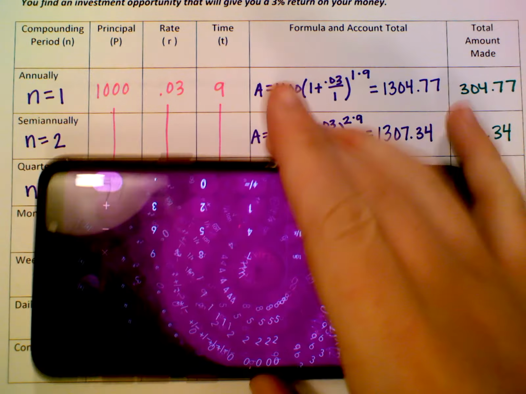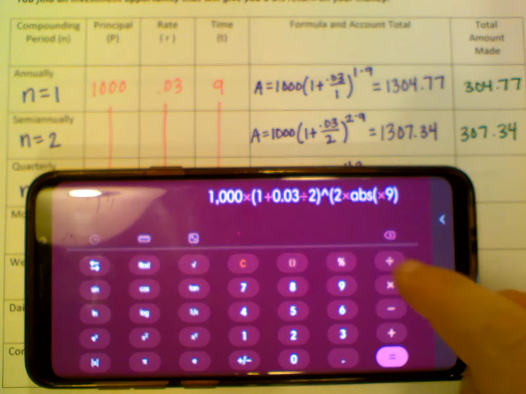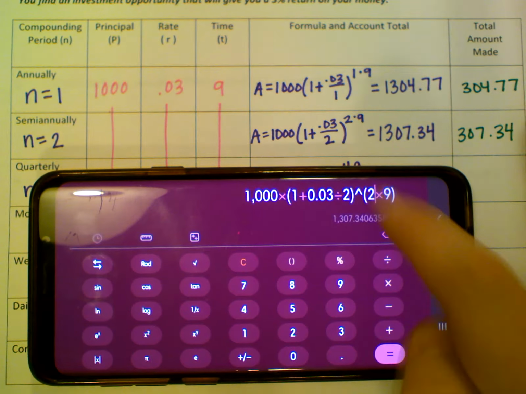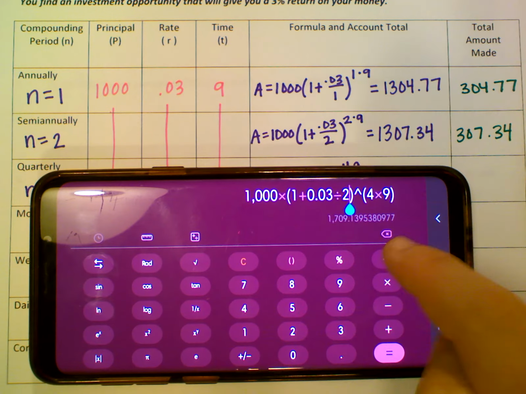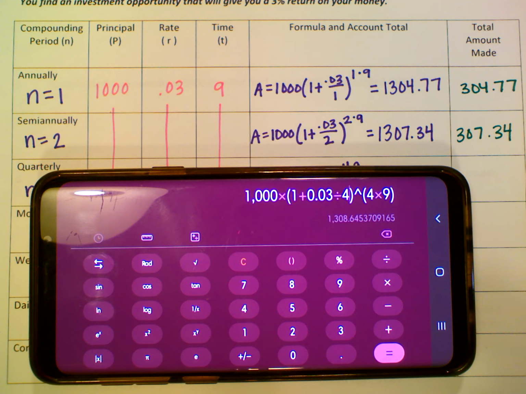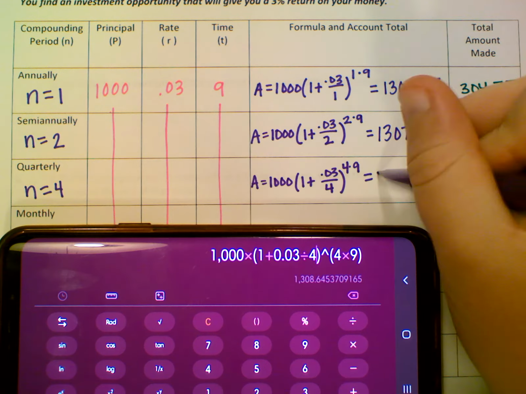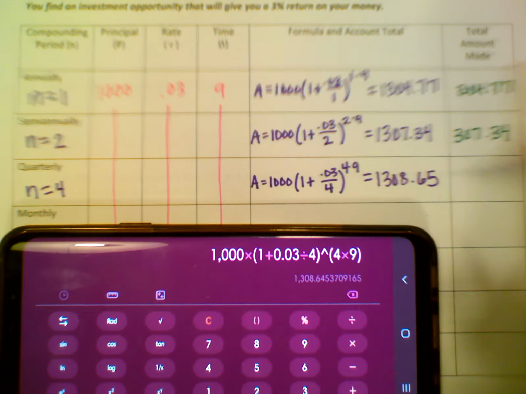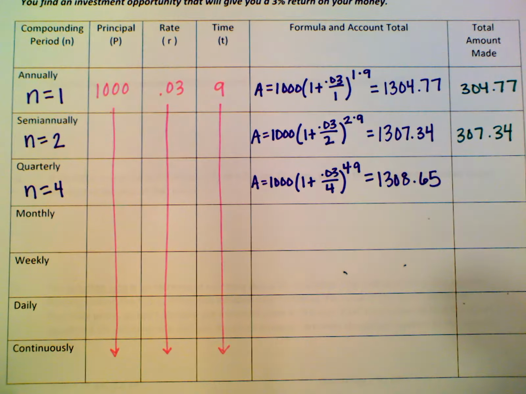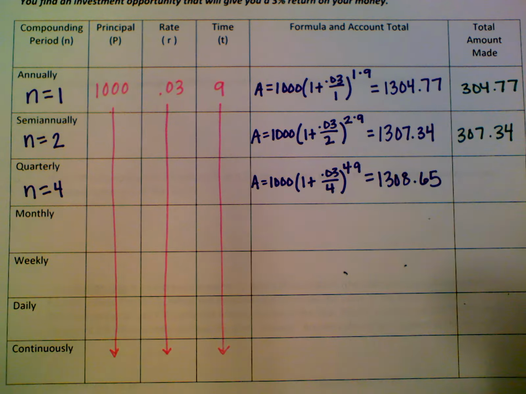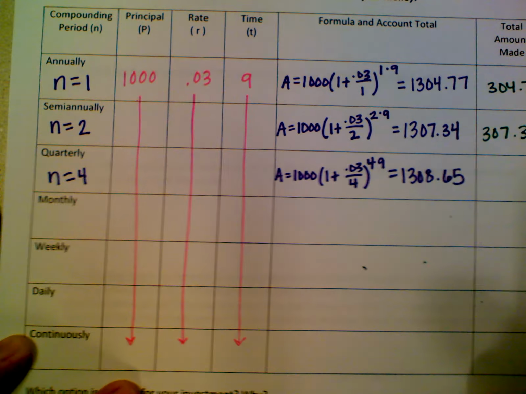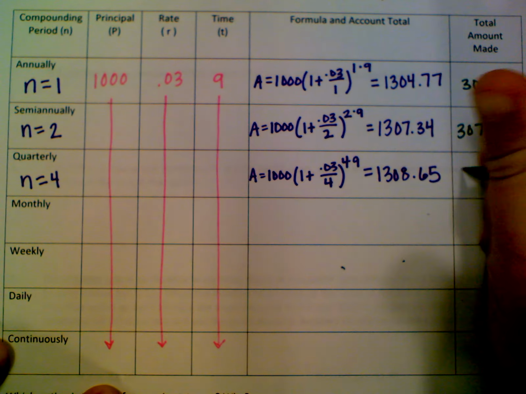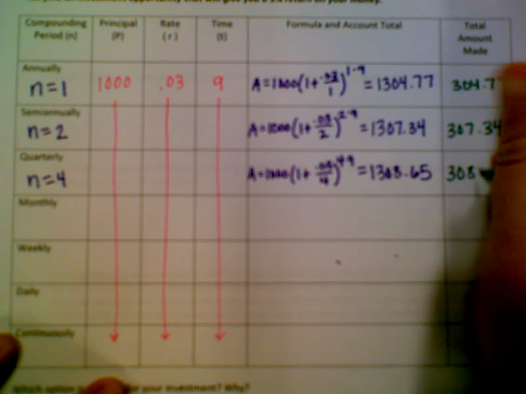And so you can go back, just change the 2's to a 4, change both of them to a 4, and we're at 1,308.6, and this one rounds up to a 5. So once again, we have increased the amount of money in our account from before, just slightly more, 308.65.